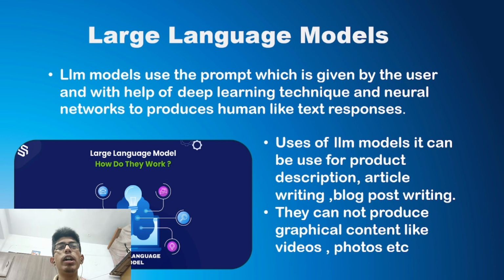Understanding the working principle behind a large language model: LLM models use the prompt provided by the user, and with the help of deep learning techniques and neural networks, they first understand the prompt, and then the prompt is compared with the trained dataset on which the model is trained, and then a text response is generated.